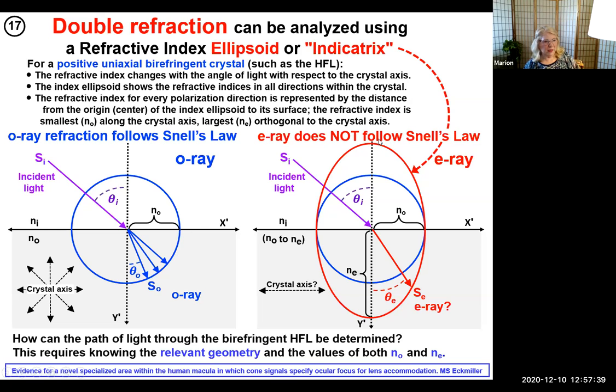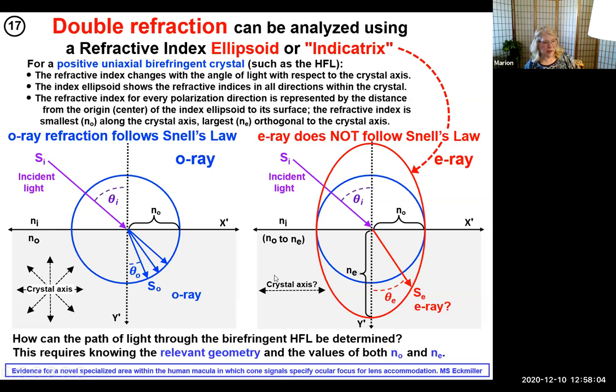The direction that the light goes depends on the refractive index of the medium. The refractive index in a birefringent crystal depends on how the direction of its crystal axis compares to the direction the light is traveling.